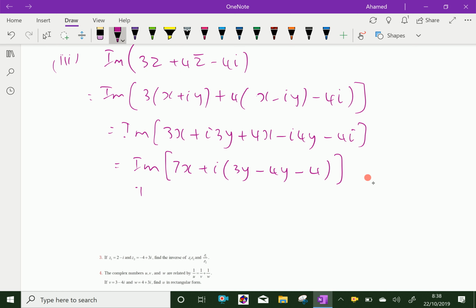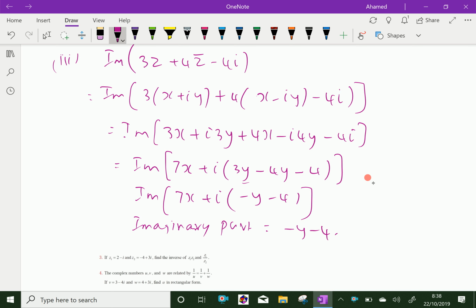So imaginary part, 7x plus i into 3y minus 4y is minus y minus 4. Therefore imaginary part of this complex number is minus y minus 4. We have done.